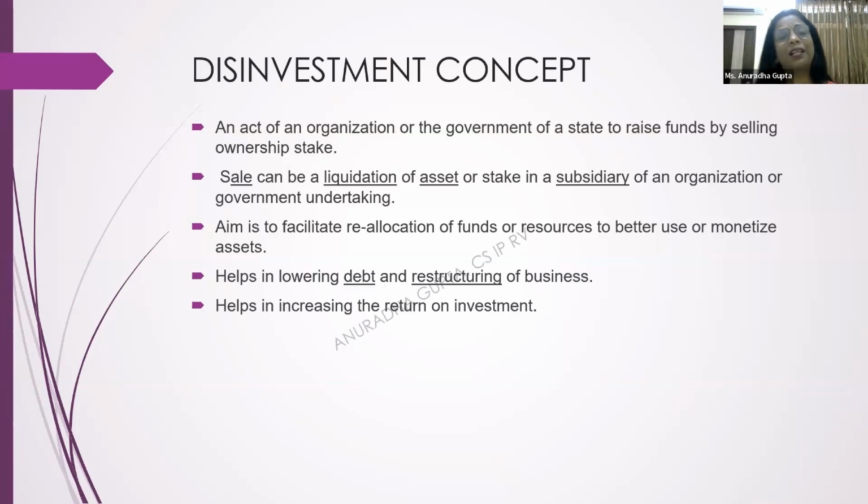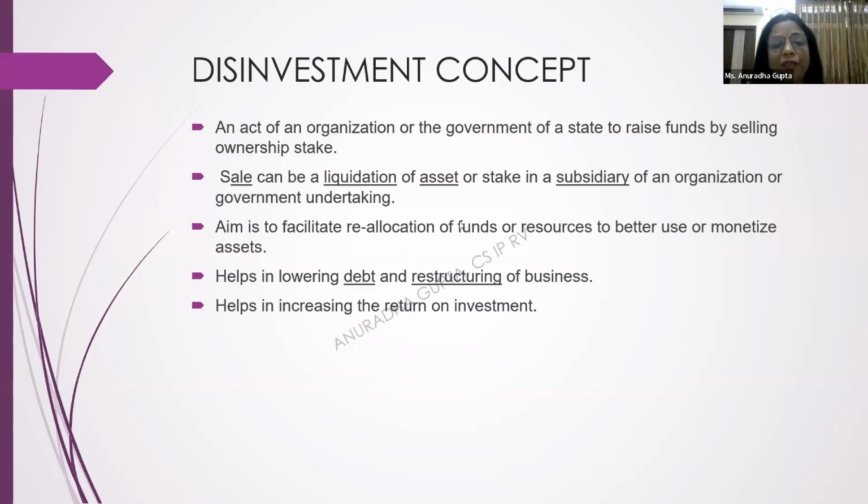So the intent is that in such organizations, which are not of a strategic nature, the government should take a back step, offer it to a private party, and let the private party handle it. Because it is expected that when a private party comes into the picture, they are more tech savvy and more open to the modernization process. So it will be better managed, right?